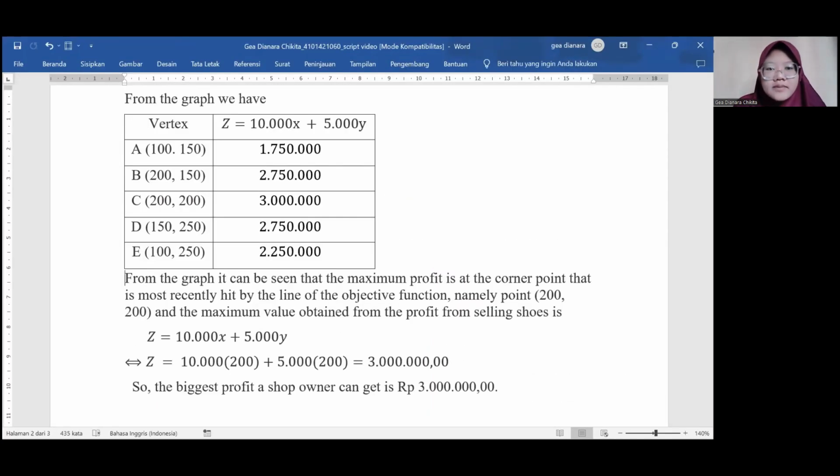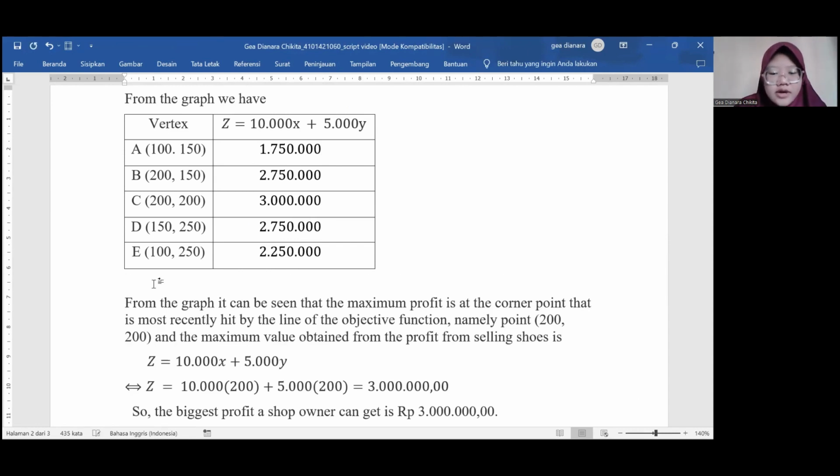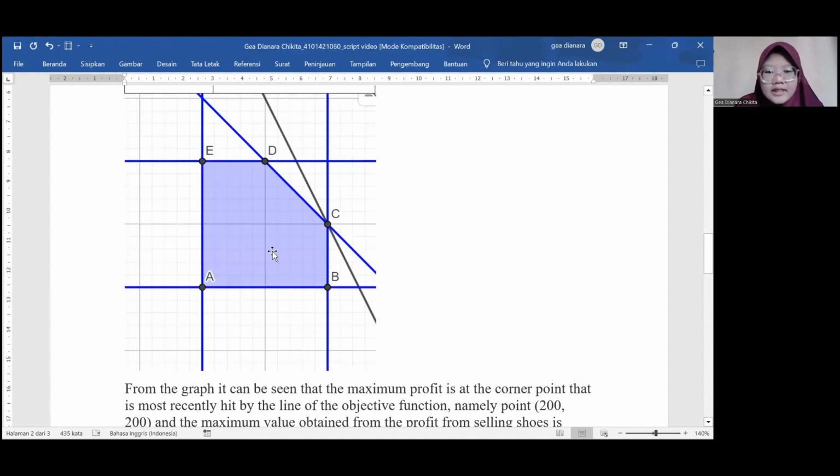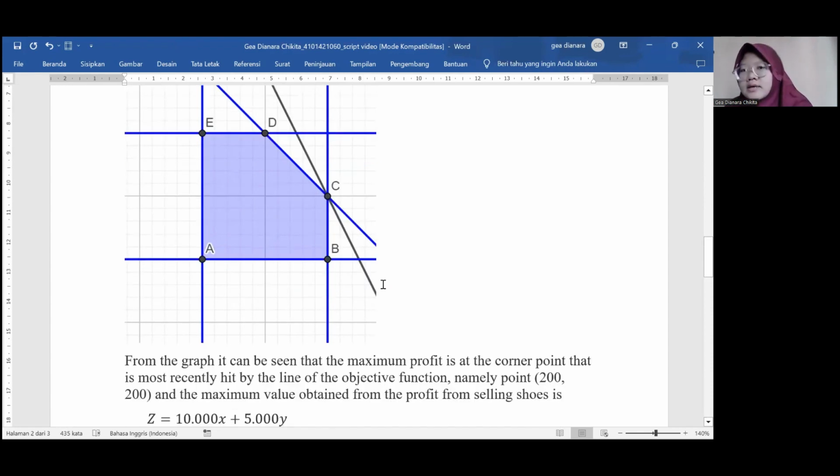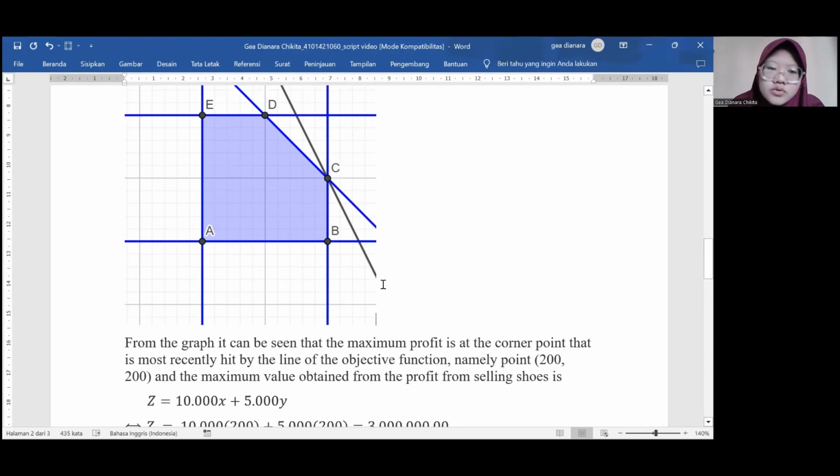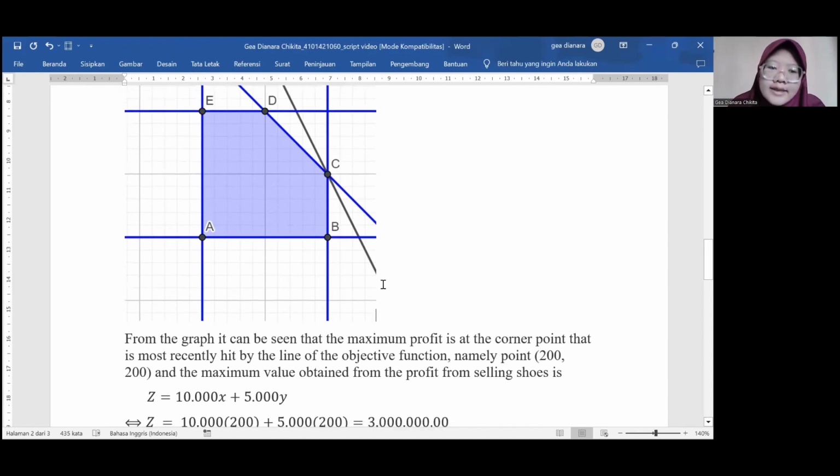Okay, from the graph it can be seen that the maximum profit is at the corner point most recently hit by the line, namely point C, at coordinate (200, 200).